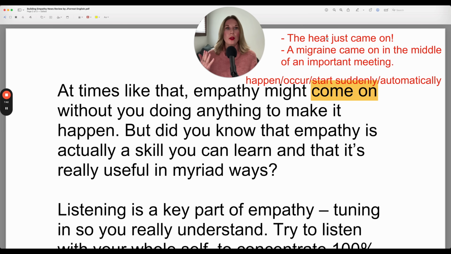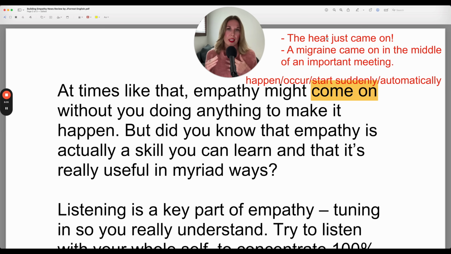For example, the heat just came on. So I'm in this room now, I have a thermostat, and I don't do anything to control the heat. It comes on automatically. It comes on suddenly when the temperature drops below a certain degree. So the heat just came on.